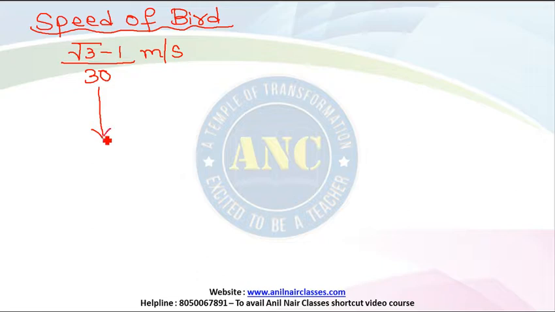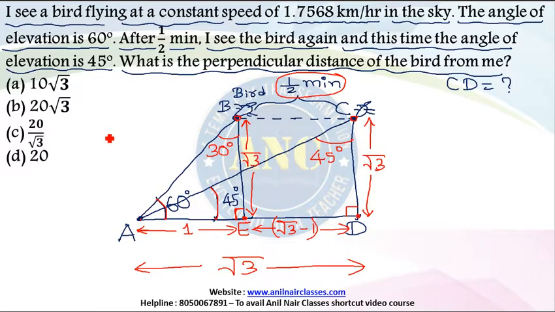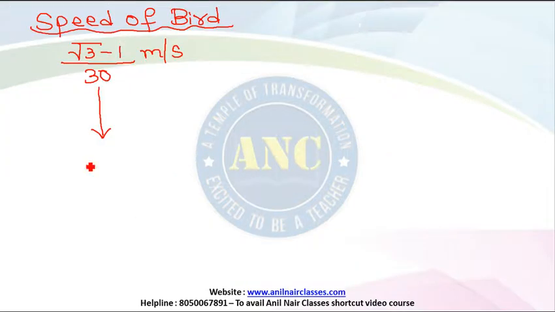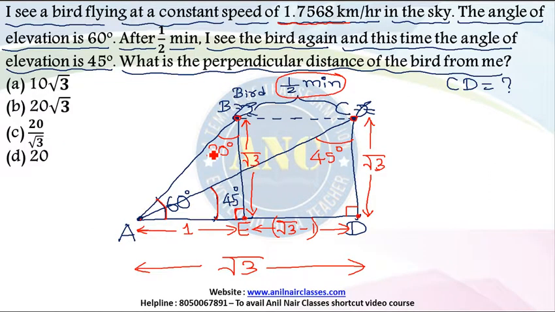But according to the question, speed of the bird is 1.7568 kilometers per hour, converted to meters per second as into 5 by 18 meters per second. Similarly, according to my assumption, perpendicular distance CD value is root 3.